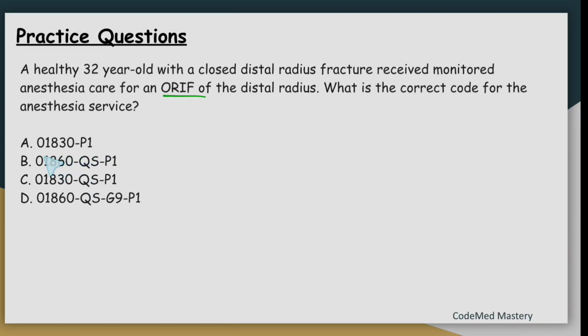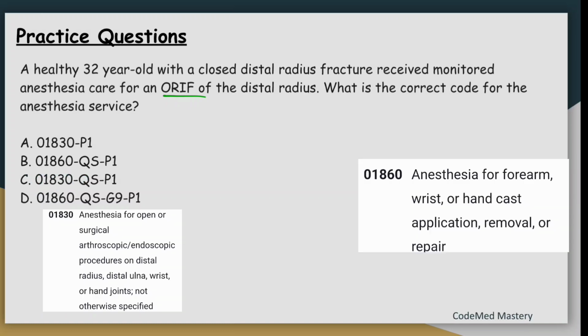So check these two codes 01830 and 01860. 01830 is for anesthesia for open or surgical arthroscopic endoscopic procedures on distal radius, distal ulna, wrist or hand joints, not otherwise specified. And 01860 is for anesthesia for forearm, wrist or hand cast application, removal or repair.